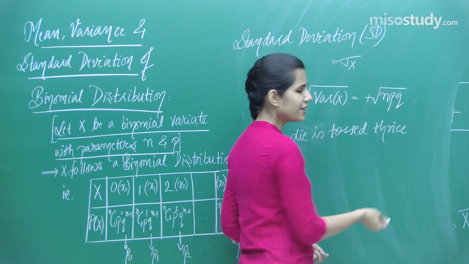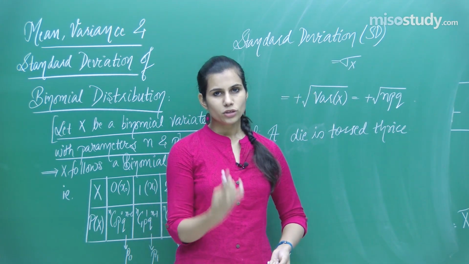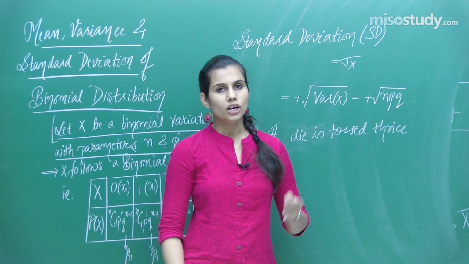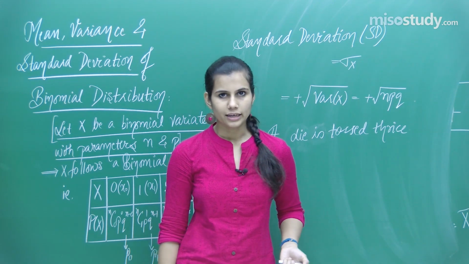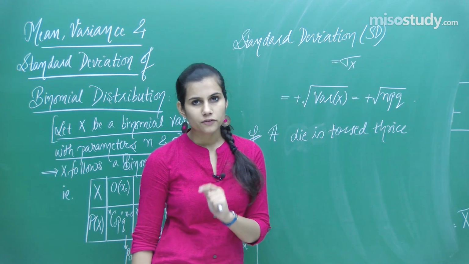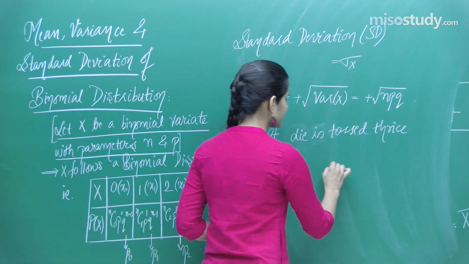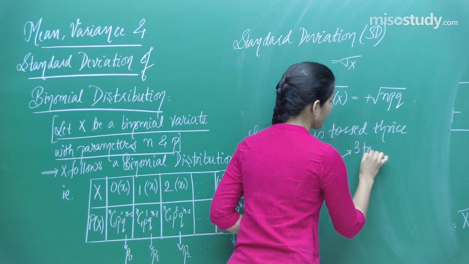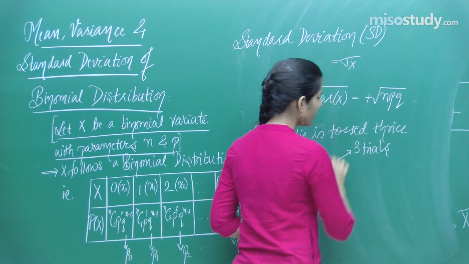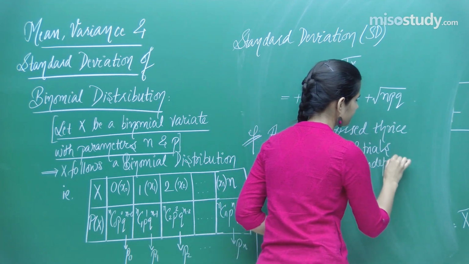When you toss it for the first time, that's the first trial, tossing for the second time is the second trial, and tossing for the third time is the third trial. Whatever you get in the second trial is not dependent on what you get in the first trial, and so on. Therefore, there are three trials basically, and they all are independent.